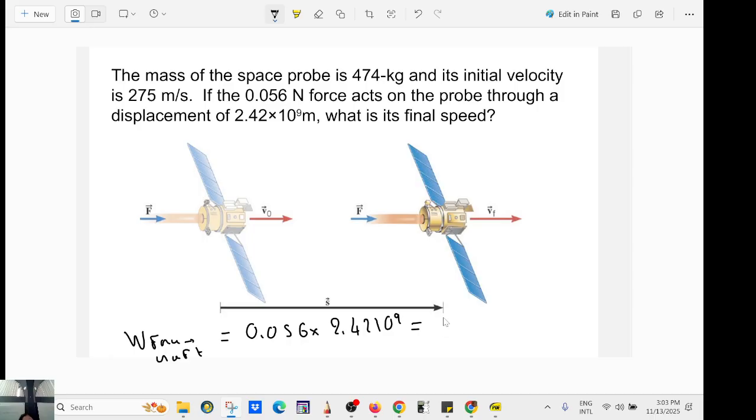That will be equal to the change in kinetic energy, so 0.5 times the mass times the final speed squared minus initial speed squared. Okay, so I'm using the work-kinetic energy theorem, the work done equals the change in kinetic energy, except that physics is done and then algebra takes over. So you just have to solve for the final speed, and you can do that on your own.